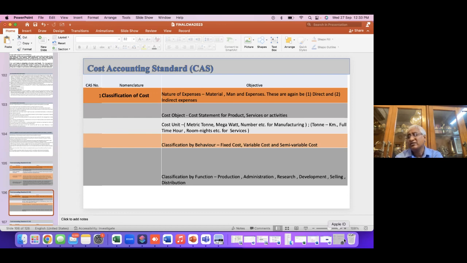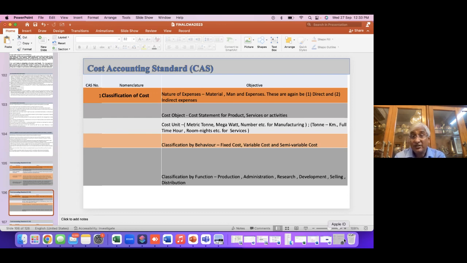Assuming this is too much. 1,000 dumpers of material, each and every dumper loaded, unloaded, weighed, process is fine. So it is near to accuracy. It cannot be said that it is 100% accurate. Just like in our financial reporting system also, we say true and fair. We never say true and correct, because true and fair means it is fairly accurate. Here also it is fairly reasonable and accurate.